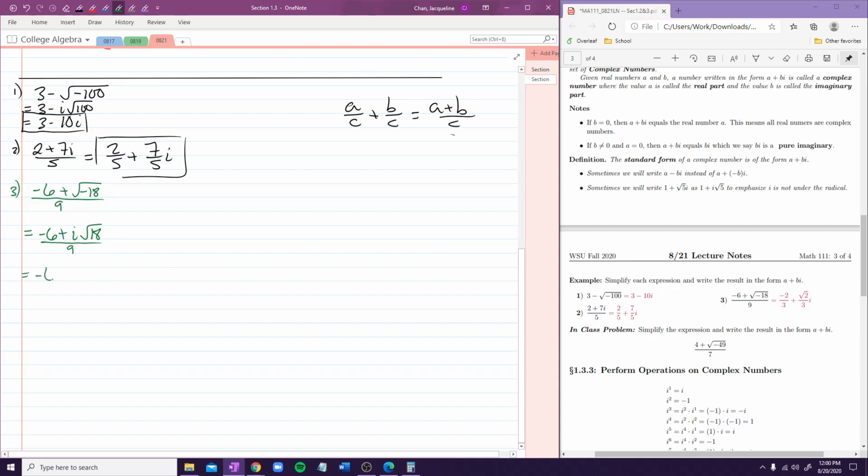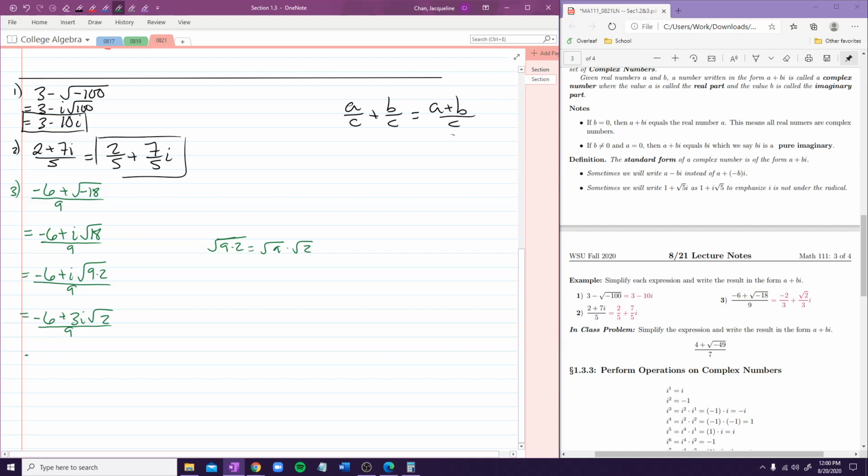So this is negative 6 plus i times the square root of 9 times 2, all over 9. Negative 6, I'm just going to put it on the side. This is going to be plus 3i times the square root of 2, all over 9.